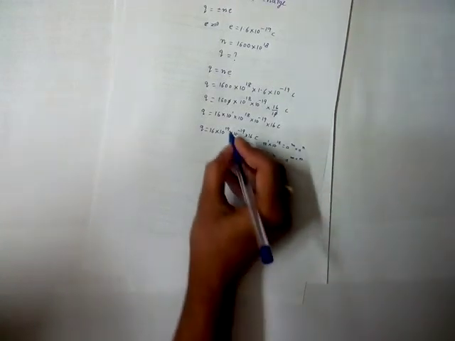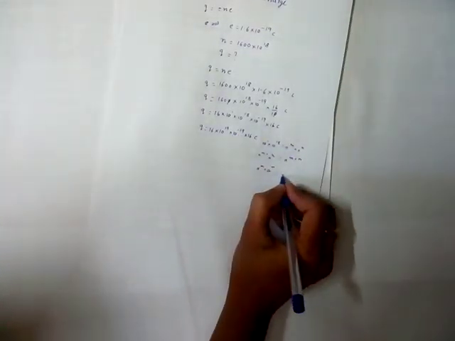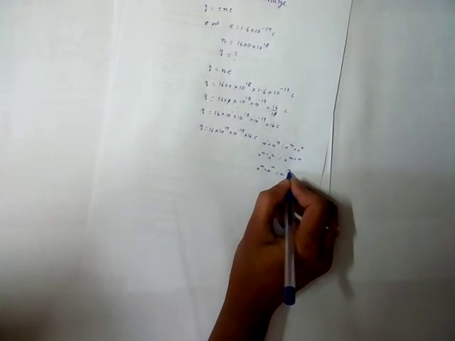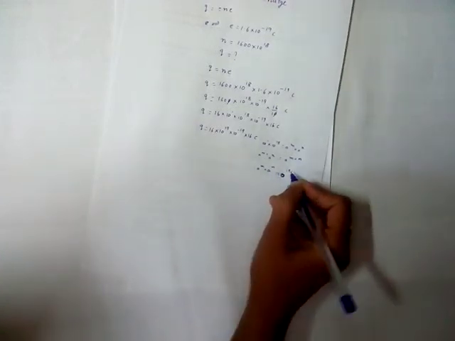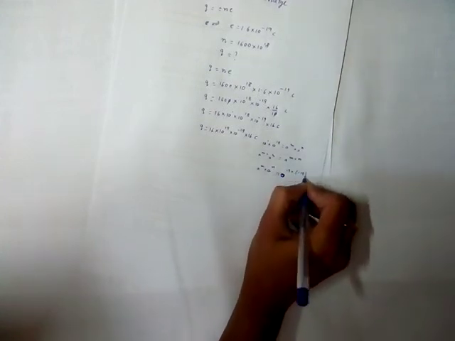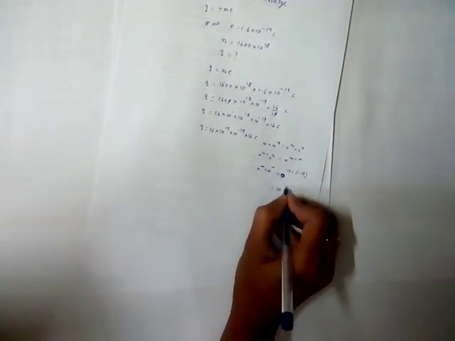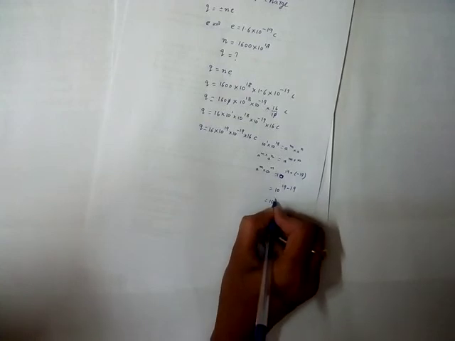Now same, a power m into a power n, with the sign itself you have to take. So 10 power 19 plus minus 19, that means 19 minus 19 will become 10 power 0.